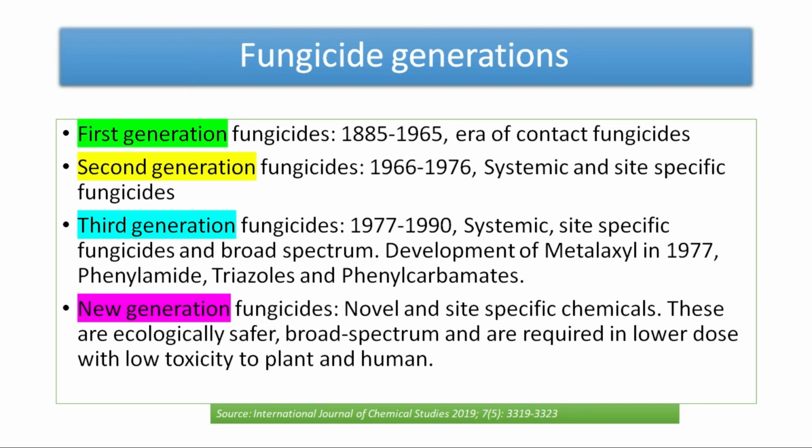So this period between 1885 and 1965, spanning over 80 years, is an era of contact fungicides. Then in 1966 we got systemic fungicide. So 66 to 76 is the second generation.